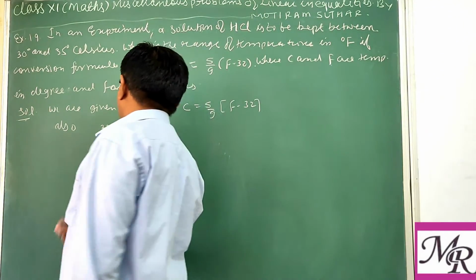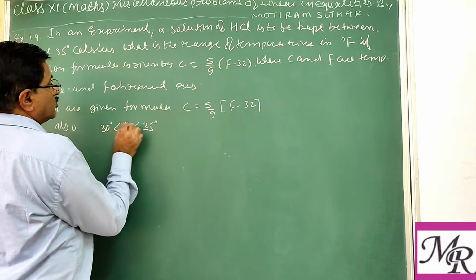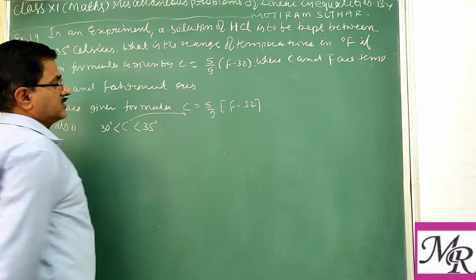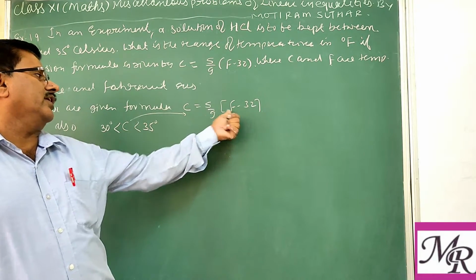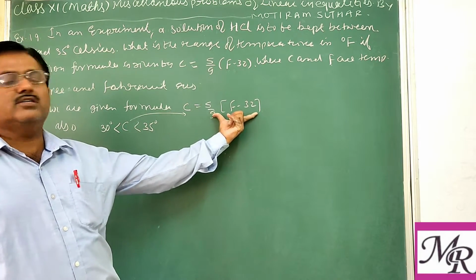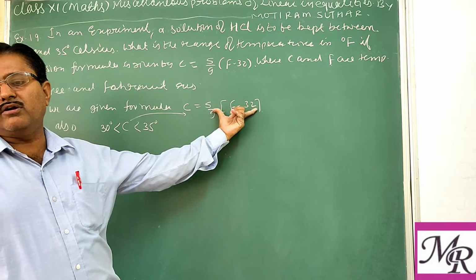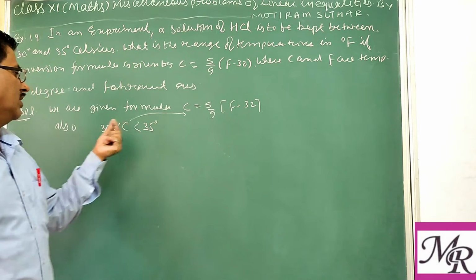Now we use the formula here. So this C can be replaced by this. So to convert degree Celsius into degree Fahrenheit, we replace C this way. The formula is already given, directly we can put the value.